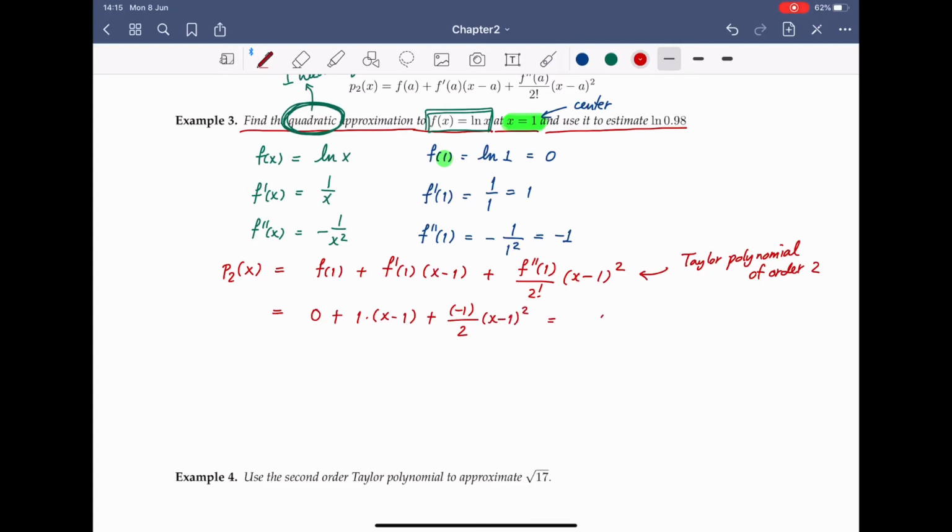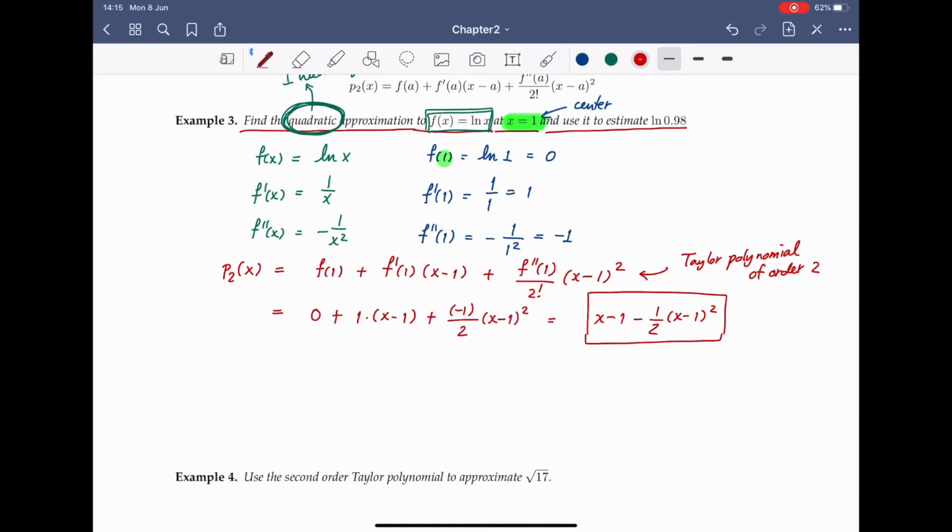So at the end you have (x minus 1) minus 1/2 times (x minus 1) squared. All right, this is your answer for the first part. So this is your formula that you use for the approximation.